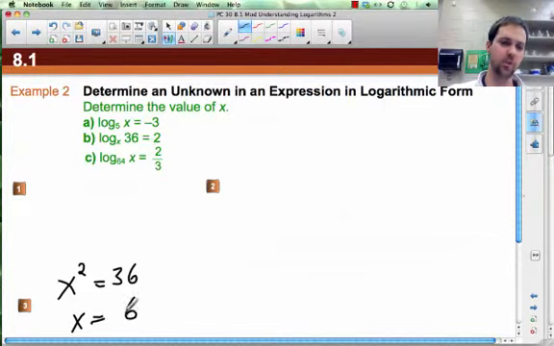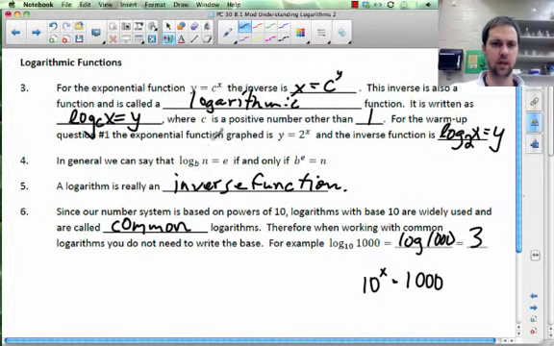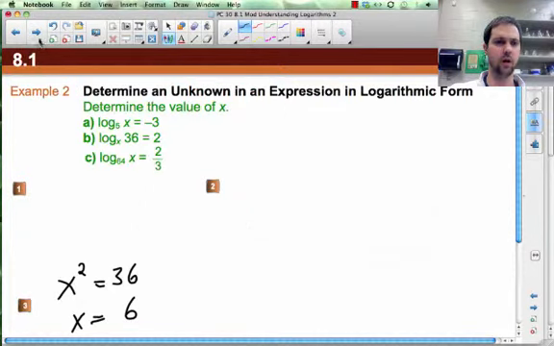And normally we would say x equals plus or minus 6, but for a logarithm, the base has to be a positive number other than 1, as we wrote in our notes back here. So it cannot be a negative. So we discard the negative value and only stick with x equals 6.